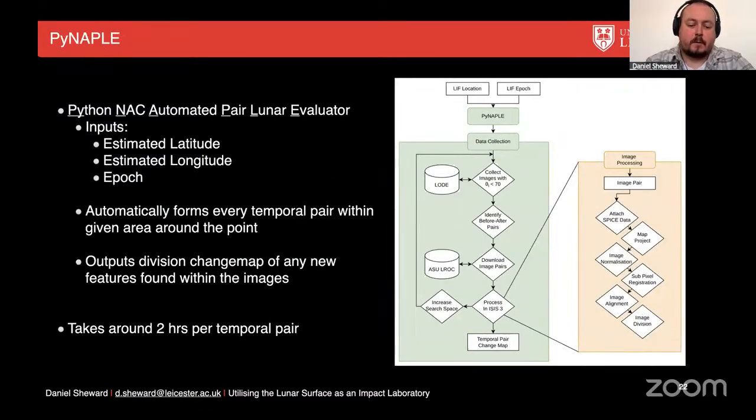And so to simplify this process, as part of my PhD, I developed software called Pineapple, the Python NAC Automated Pair Lunar Evaluator, to automate the process. It basically takes just the latitude, longitude, and the epoch of an impact flash and will form every temporal pair that it can within a given tolerance around that location, and then processes it through ISIS-3 and basically outputs just the change map that you saw before.